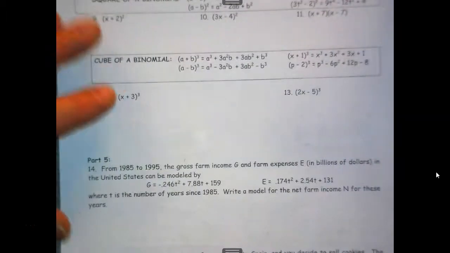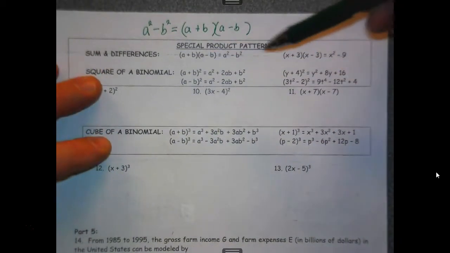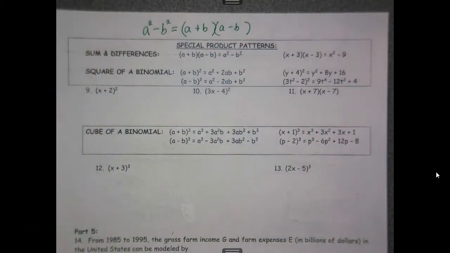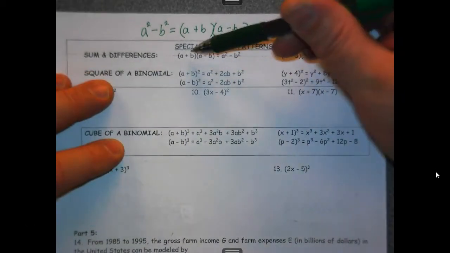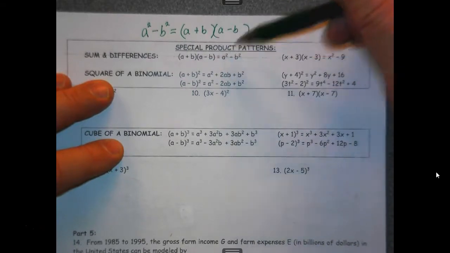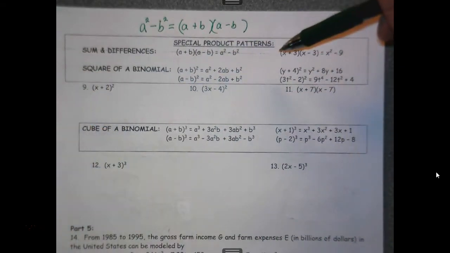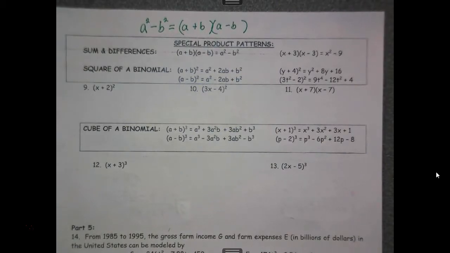So, they gave us some shortcut formulas, or special product patterns, where we have a plus b, a minus b, which is the one I just showed. It turns out to be a squared minus b squared. Now, I normally don't teach these because you can always multiply things out either using FOIL or any of the methods I showed you yesterday, right?